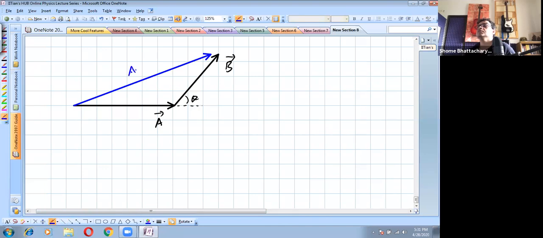So this is A plus B. Now the first thing that we look at here is to compare this diagram with another generic diagram where the angle is obtuse, and the comparison will show something very interesting.